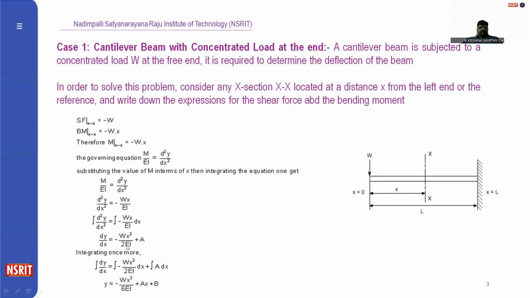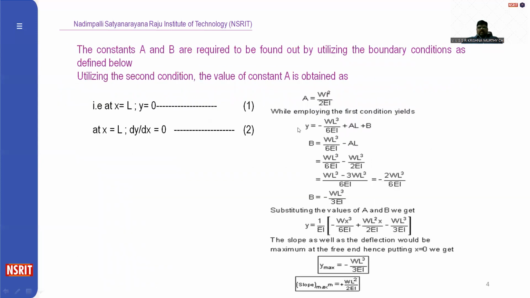While employing the second condition, y is equal to minus W L cube by 6EI plus A L plus B. From this, A is W L square by 2EI. Simplifying, I get B as minus W L cube by 3EI.